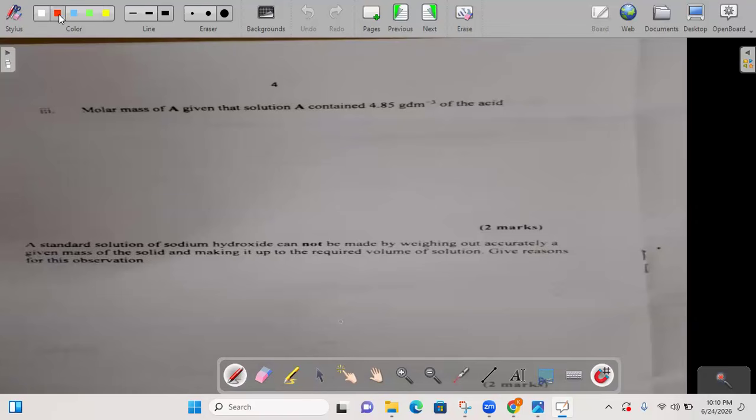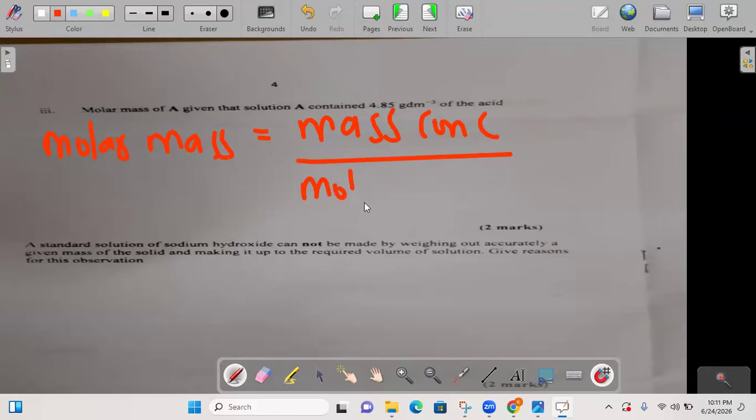So let's quote the formula first, then we'll go back to solve it. Molar mass, which is what we are looking for, is equal to mass concentration over molar concentration.